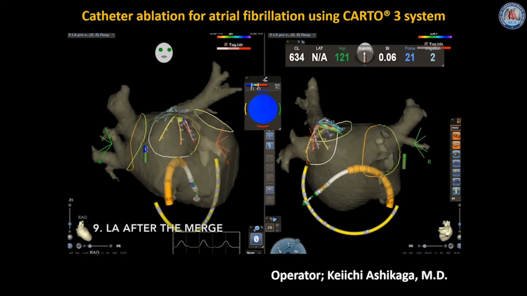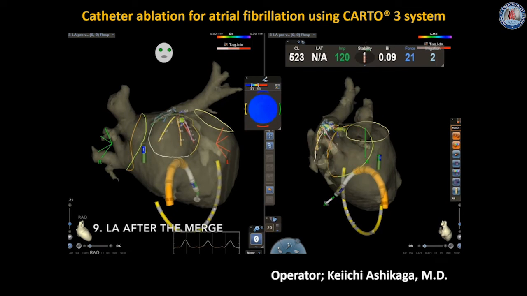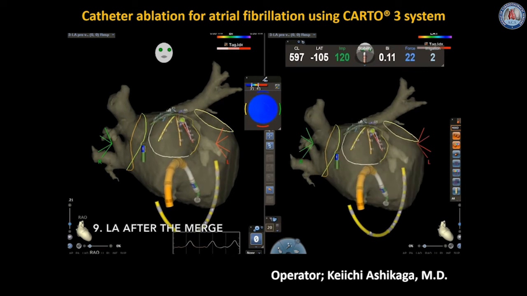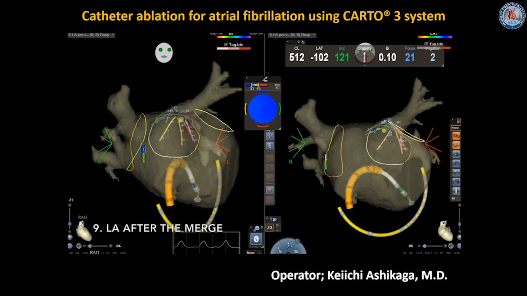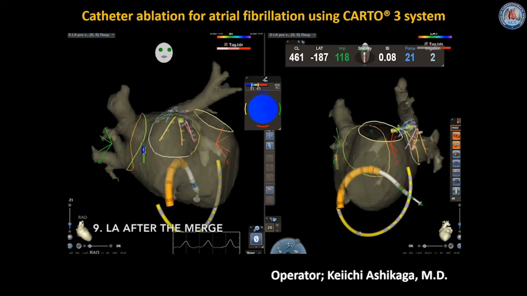Now the matched LA images are three-dimensionally confirmed. This is the fusion of the 3D mapping system and the 3D CT image.